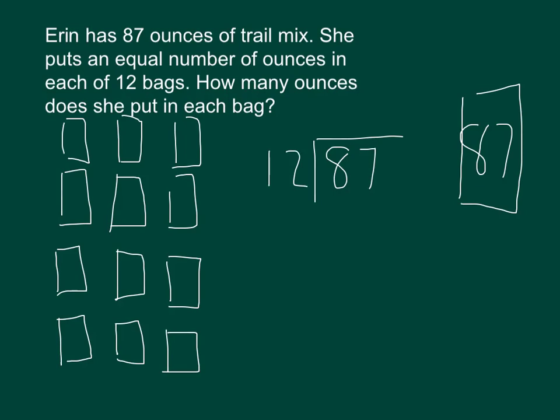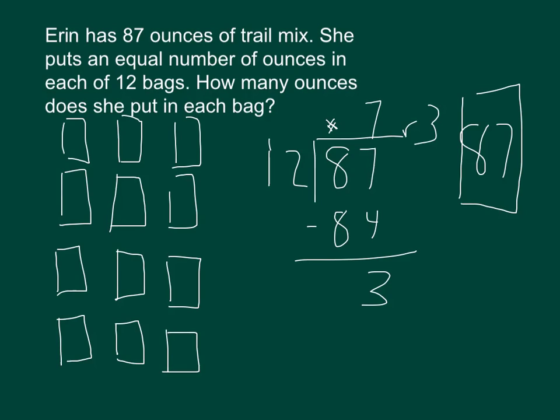Okay, so if we were doing our math, we were doing 87 divided by 12. What we would be able to do is take that 87 divided by 12, and we would get 84 with a remainder of 3.